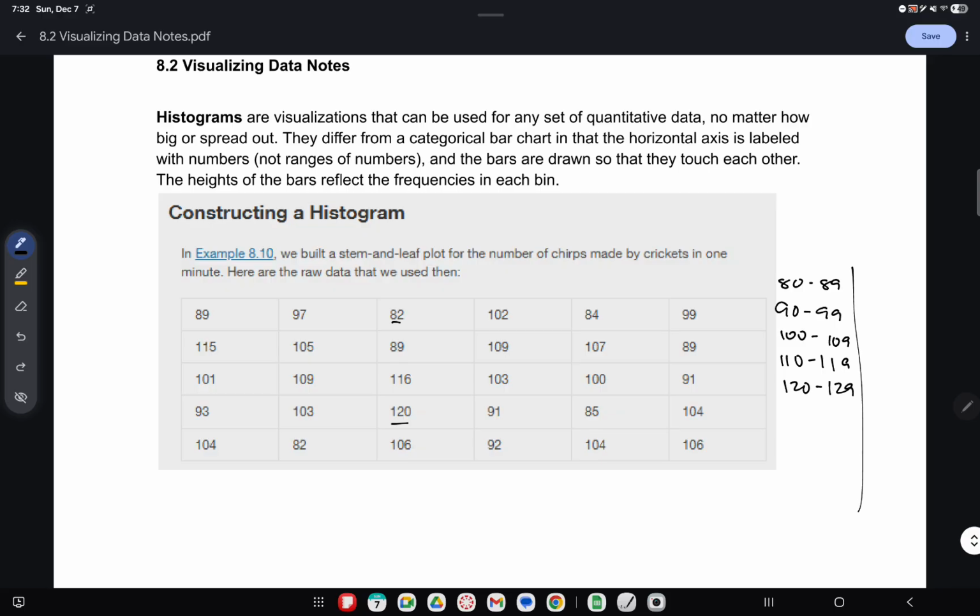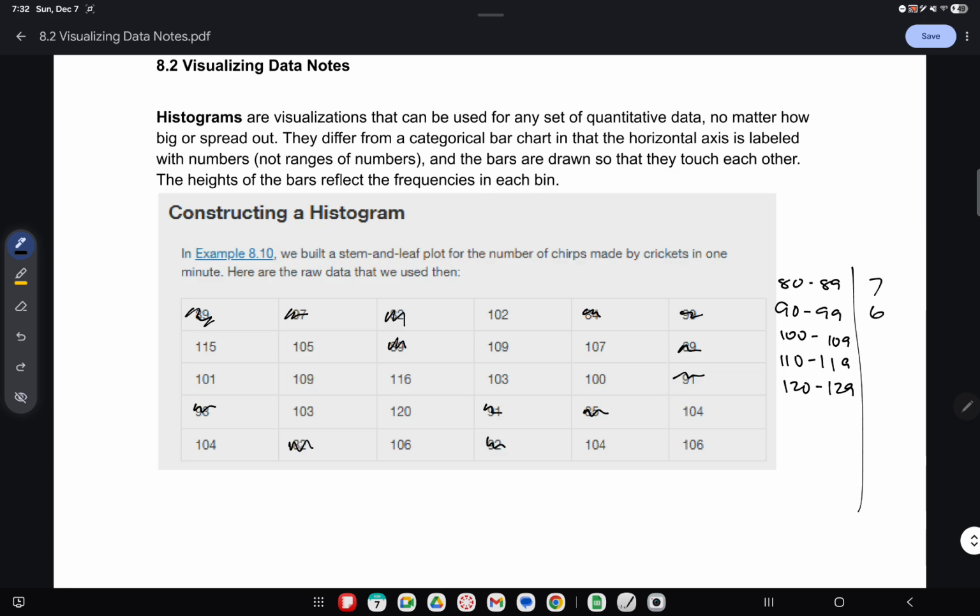Let's figure out how many are in each little category here. So 80 to 89. 1, 2, 3, 4, 5, 6, 7. 90 to 99. 1, 2, 3, 4, 5, 6.